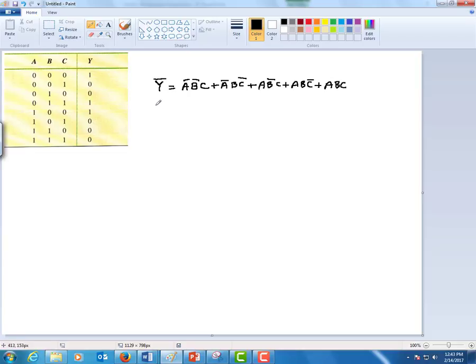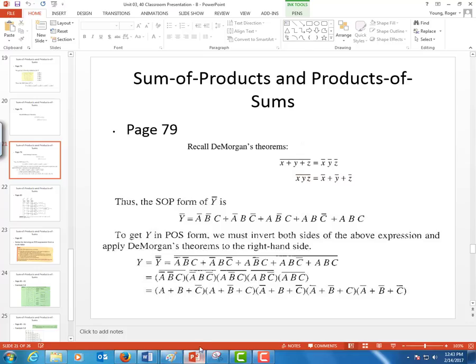So I'm going to pull up the classroom presentation. And in the classroom presentation, they're going to talk to you about De Morgan's theorems. It's on page 79. Let's just write this down.